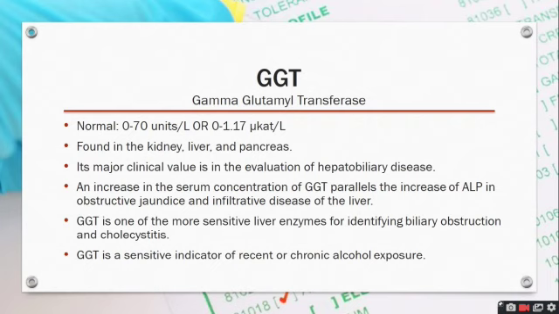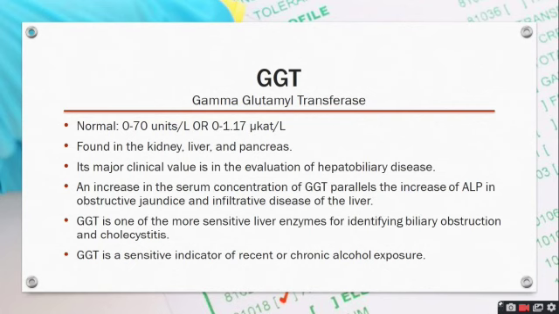Because GGT is a hepatic microsomal enzyme, tissue concentration increases in response to microsomal enzyme induction by alcohol or other drugs, like carbamazepine, phenobarbital or phenytoin. As a result, GGT is a sensitive indicator of recent or chronic alcohol exposure.